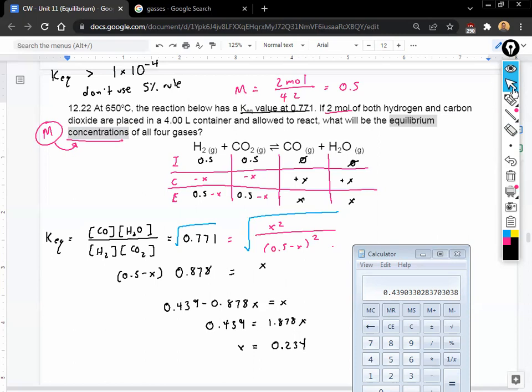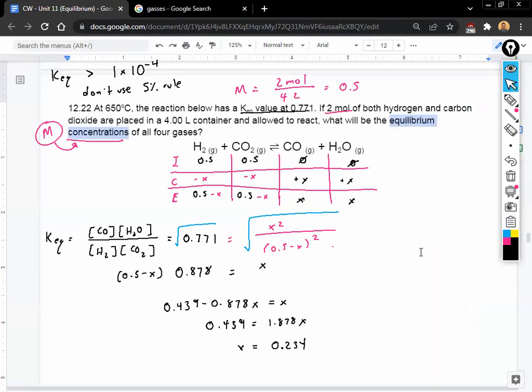Any other questions? You guys look so tired now from all this. Okay, so we're still not done technically because it's asking for the equilibrium concentrations of all 4 gases. Now we have x, and for CO and H2O, the concentration is just going to be x. So the concentration of CO and the concentration of H2O is going to equal 0.234 molarity.